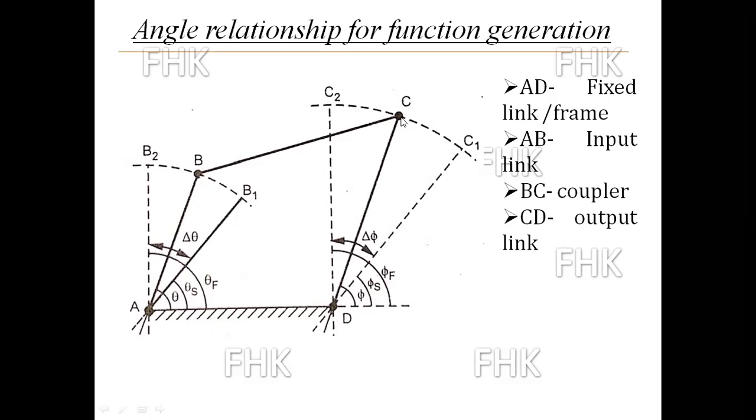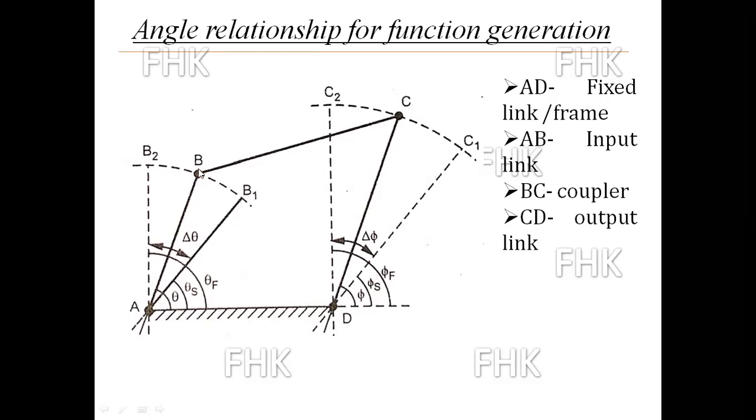Link CD is getting motion from link AB through link BC. That's why BC is called the intermediate link or coupler. Link AD is the fixed link or frame.